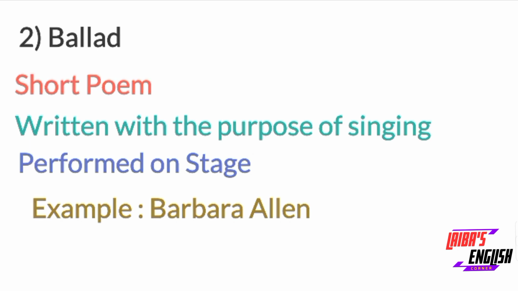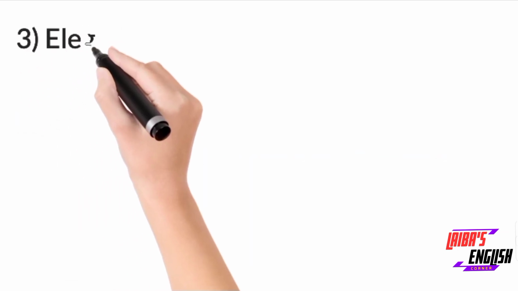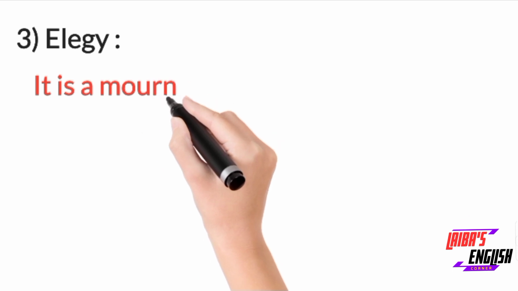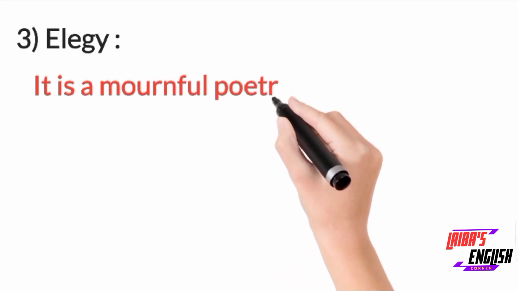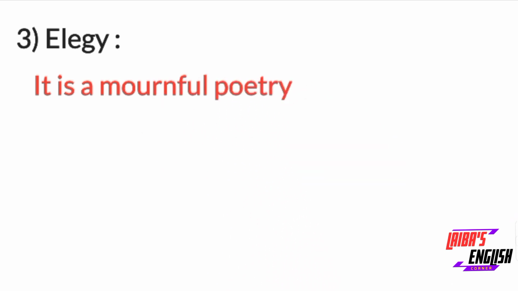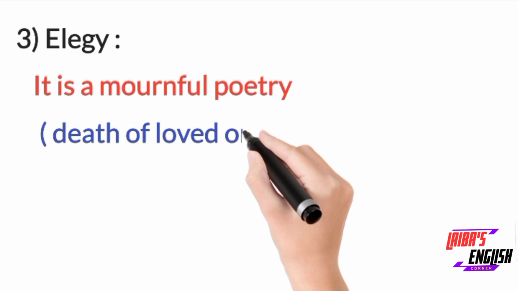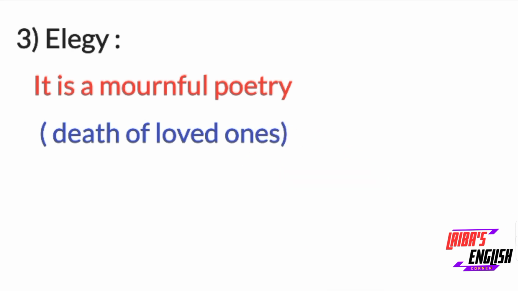So you are clear with your two concepts, which are ballad and epic. The third type which we are going to discuss is elegy. What is elegy? Basically, elegy is mournful poetry, meaning it is sad poetry. How is it sad? In elegy, a person writes a poem on the death of a relative, a friend, or a close one.